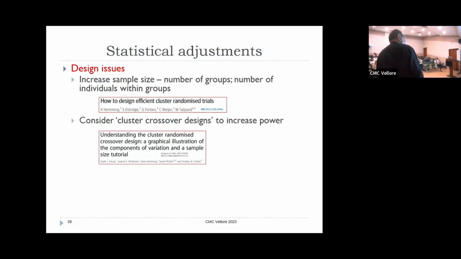Some people do cluster crossover designs. And that's an interesting thing because you've lost power. You can either recruit more, which is more expensive, or you can do a cluster crossover. And a cluster crossover is where you do a crossover of the cluster. We did this in Hamilton in Canada with one of the cardiovascular intensivists, as she calls herself.